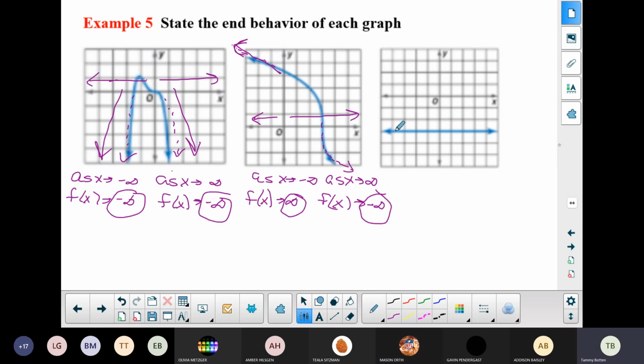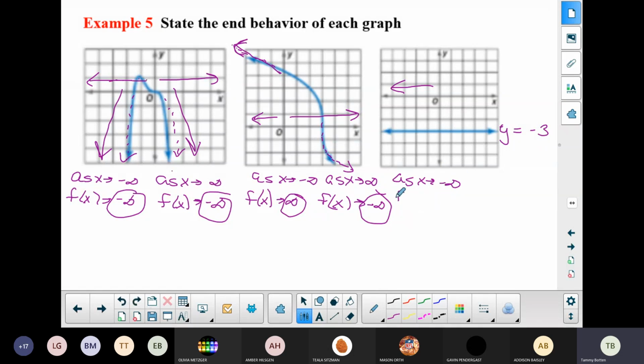Okay? All right. So this one here is a horizontal line, and as you go towards the left, your x is approaching negative infinity. But notice this, your graph never changes, okay? This is the line y equals, this would be -1, -2, -3. So this is y equals -3 all the way across. So as your x gets smaller and smaller, your f of x is always going to be equal to -3, not 3.